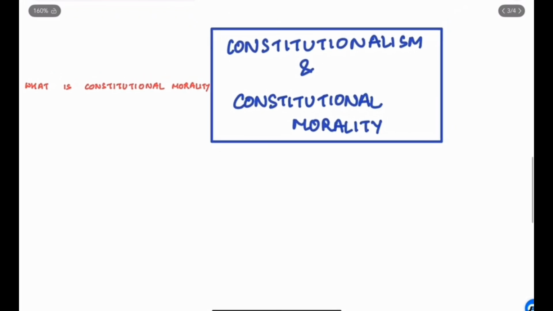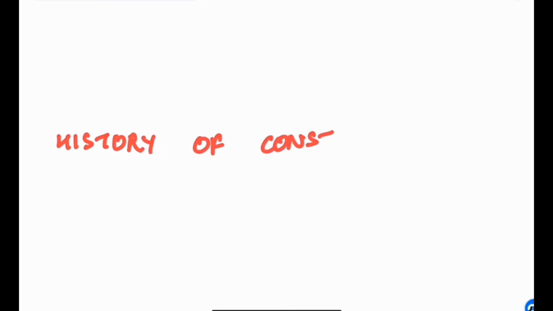Now, other aspect is history of constitutionalism in India.